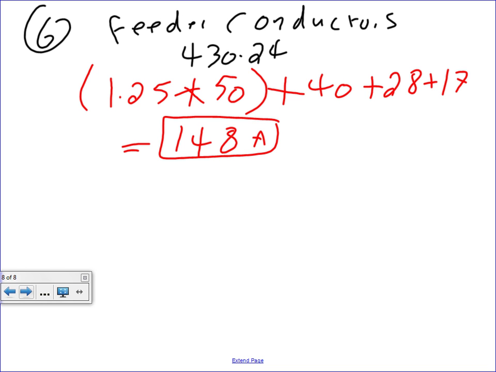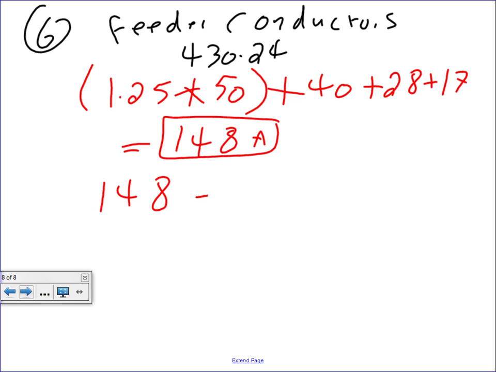Where did you get the amps? You got the amps from table 430.248. Good question.